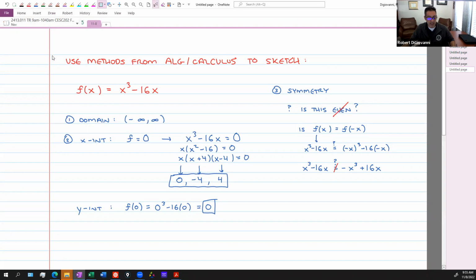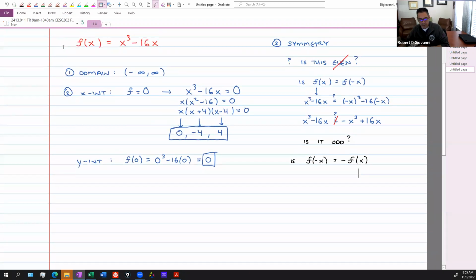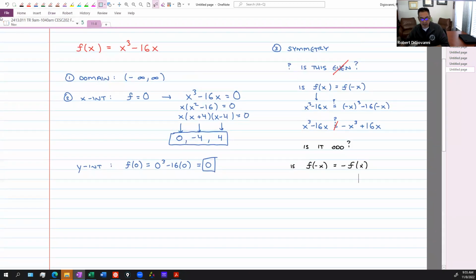So now I ask myself, is it odd? So is this true? Is f of negative x equal to negative f of x? That's what it means for a function to be odd. That when you plug in negative x, you don't get the original function, but you get the opposite, right? The opposite of the original function.